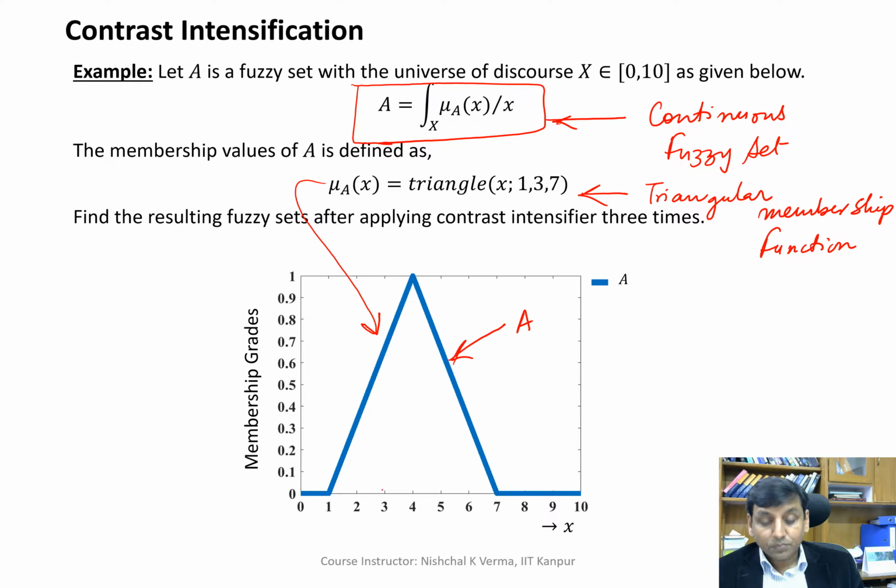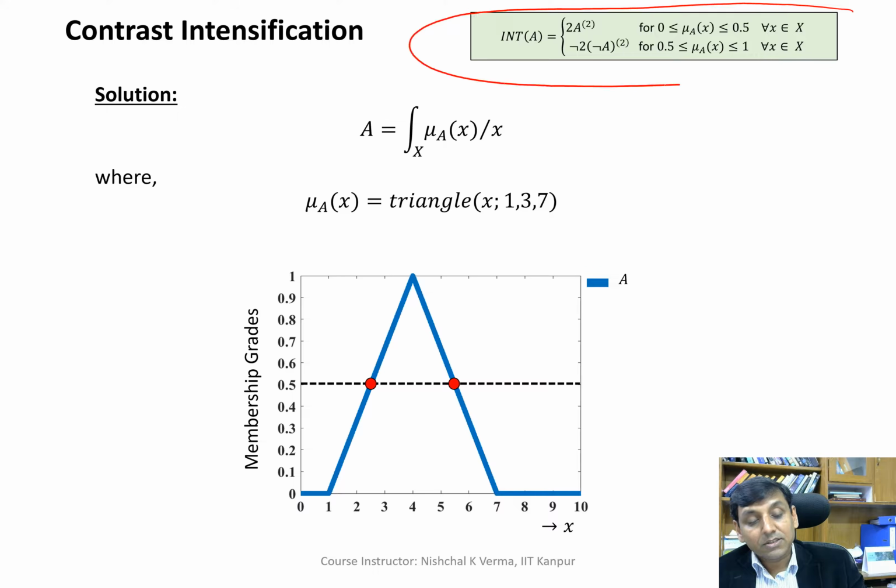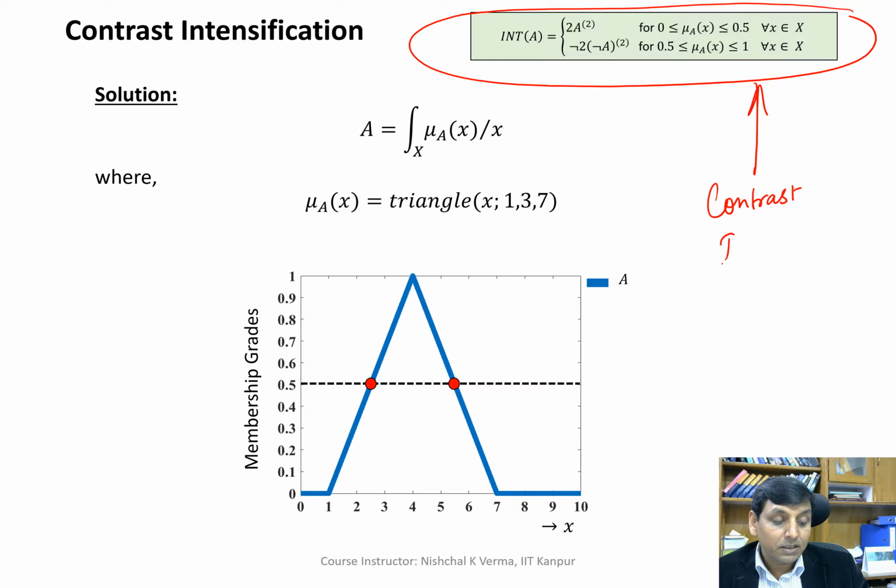Now let us use the contrast intensification function, int, for this fuzzy set, and we can use this expression for contrast intensification.